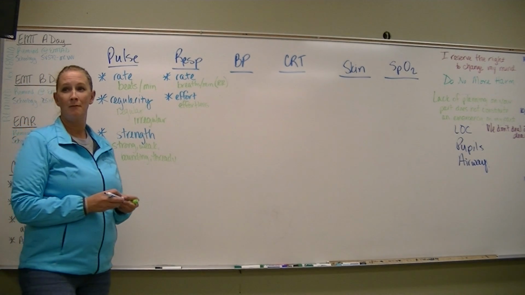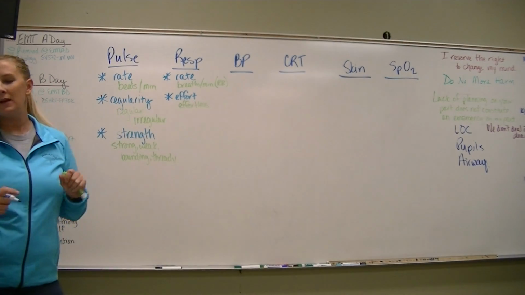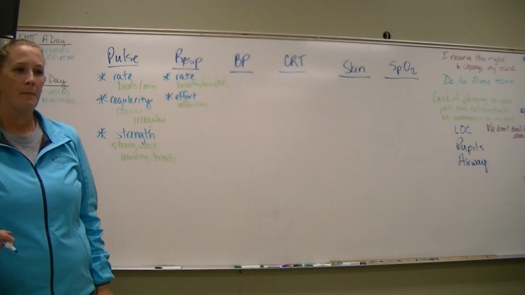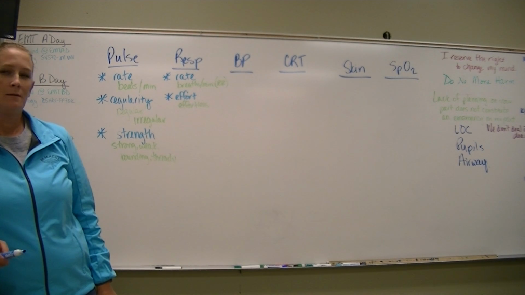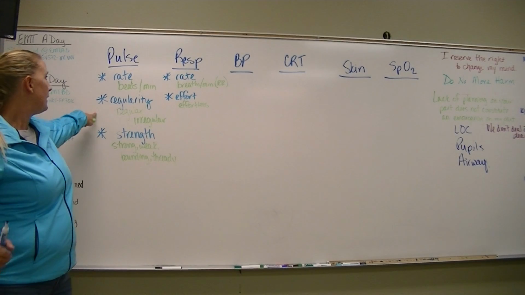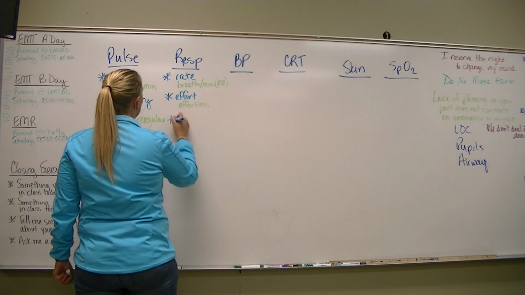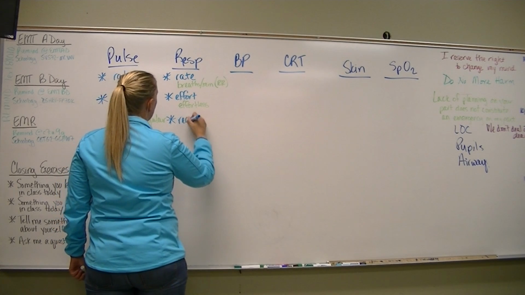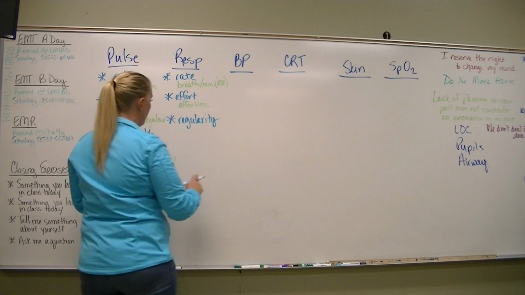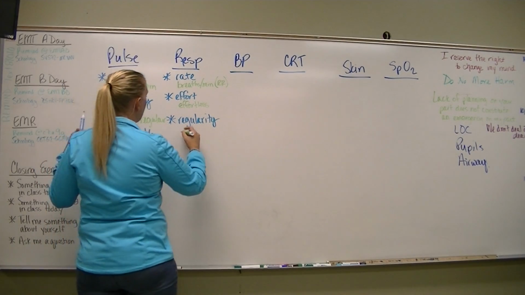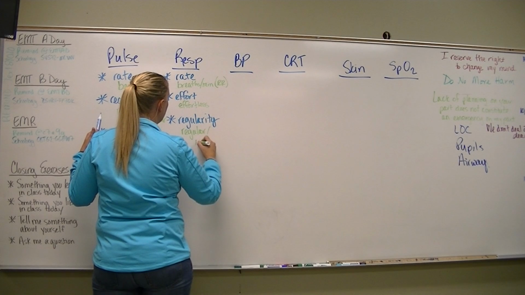That doesn't happen often. All right, so we have rate, we have effort. What else do we have? Three more things. How about regularity? Think we have regularity in respirations? We're going to report those as regular or irregular.